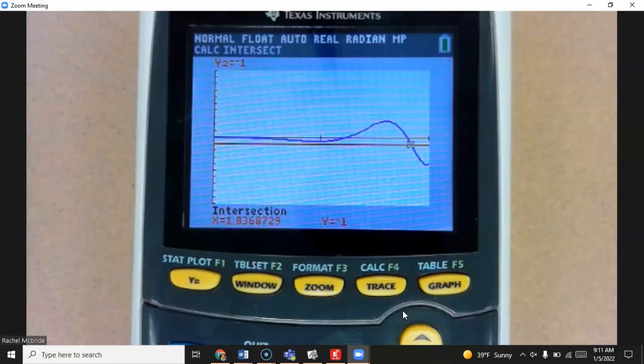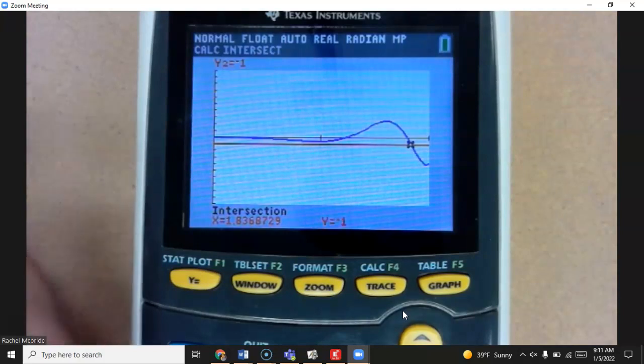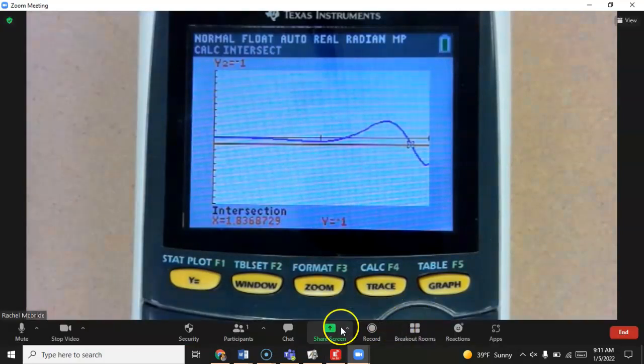So they intersect at 1.8368 seconds. Now we're going to have to put that in.